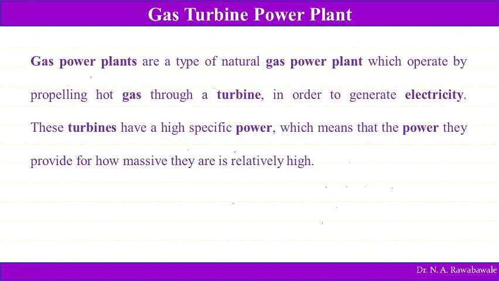Turbines have very high specific power, which means that the power produced relative to the weight of the gas turbine is high. That is, high power is produced compared with its own weight.